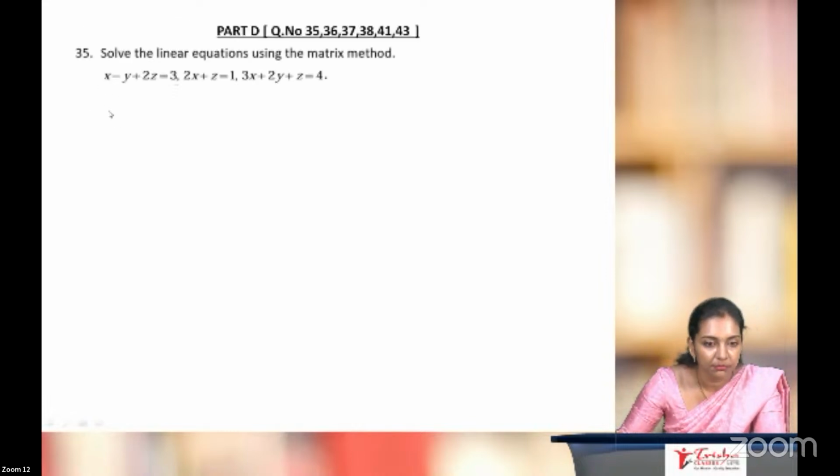So the integral of sine square x by 1 plus cos x dx. What you can do here is simplify this by rationalizing the denominator. Multiply by 1 minus cos x by 1 minus cos x.